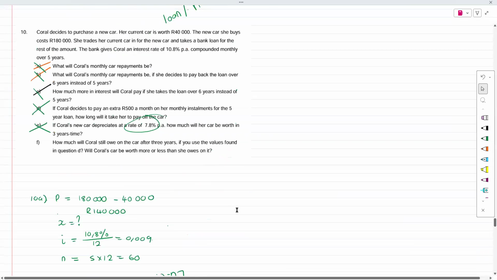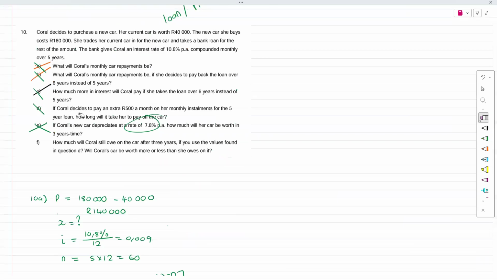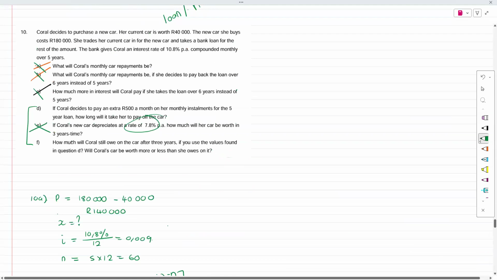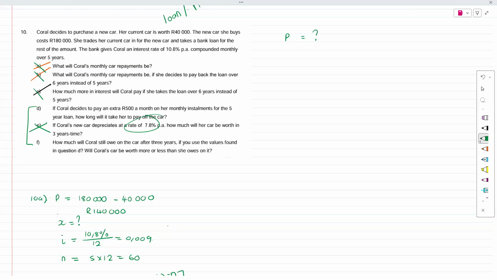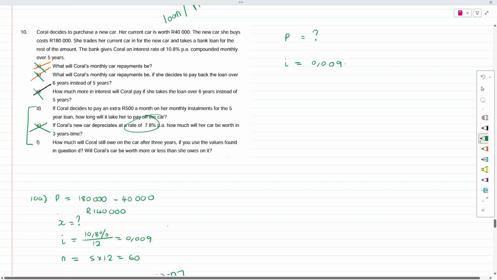Guys, they want us to use question D. If I'm not mistaken, question D was where she added 500 and then the monthly, this thing came down to 4 years and 1 month. Okay. Let's start with P. We know this is present value. I don't know what the car's worth. We go with I. In terms of I, nothing changed, 0.009.